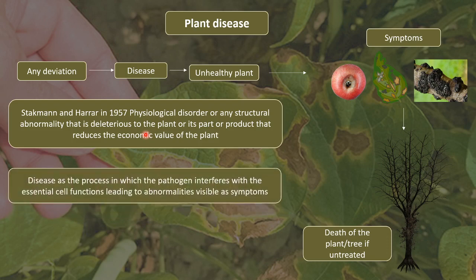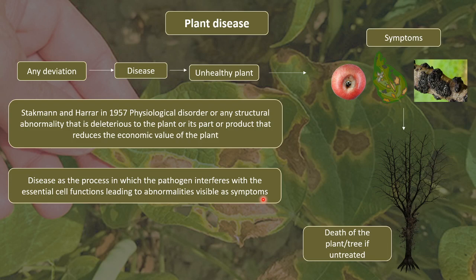There are many more definitions given by various scientists, but for our understanding in simple terms, we define disease as the process in which the pathogen, that is, the organism causing disease, interferes with the essential cell functions. So these organisms interfere with the cell functions of the plant, which leads to abnormalities in their structure, and these abnormalities are visible as symptoms.